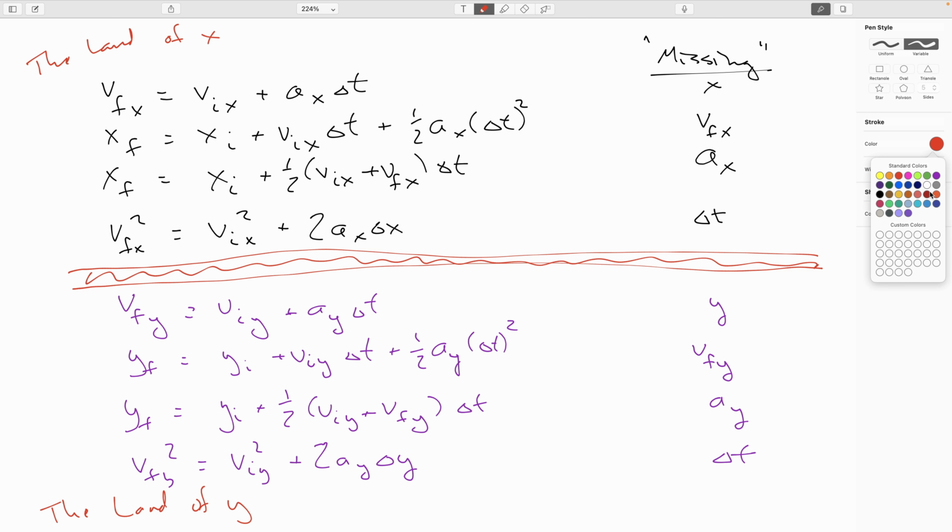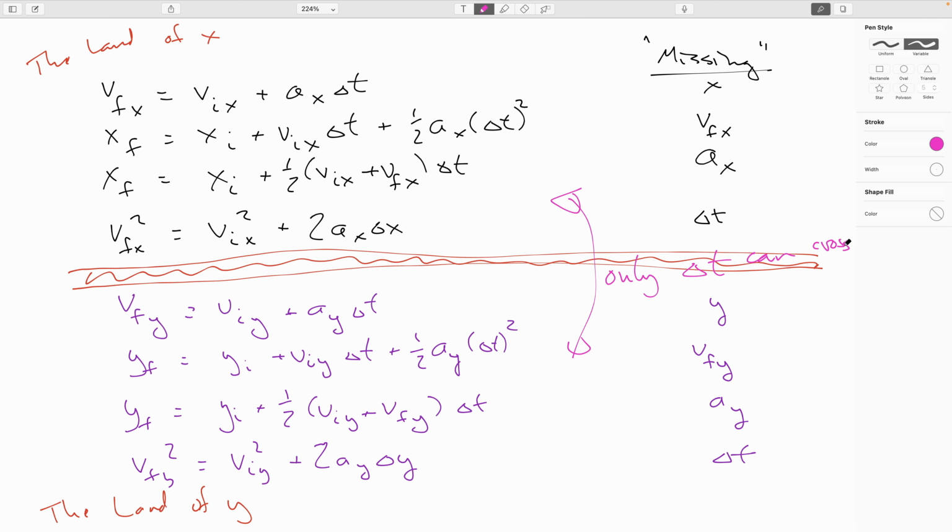That exception is the time. Only the time can cross between the land of x and the land of y. Otherwise, anything that happens with the x coordinates stays in the land of x. Anything that happens with the y coordinates stays in the land of y, and only the time can go back and forth between these 2 lands.